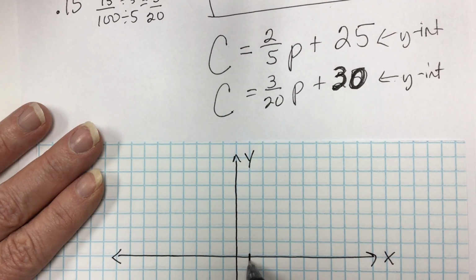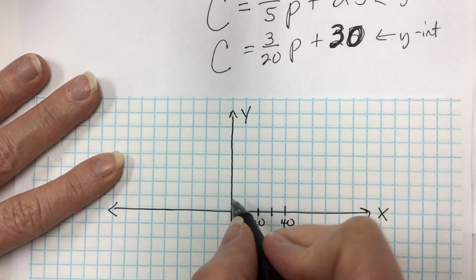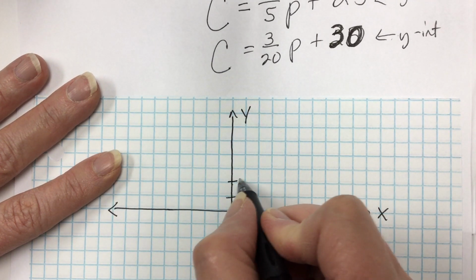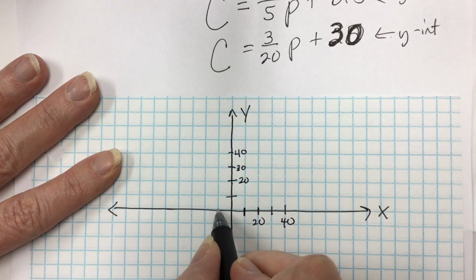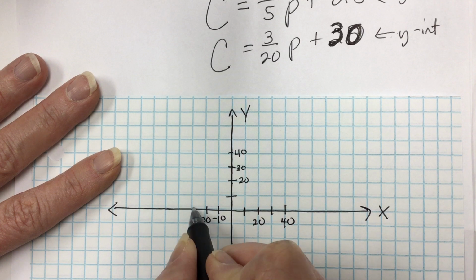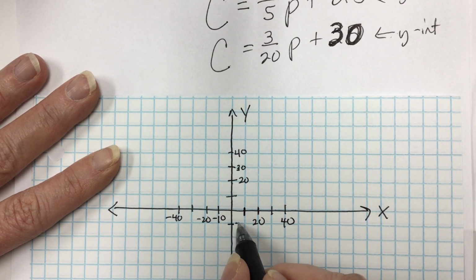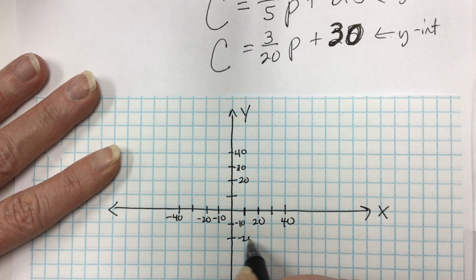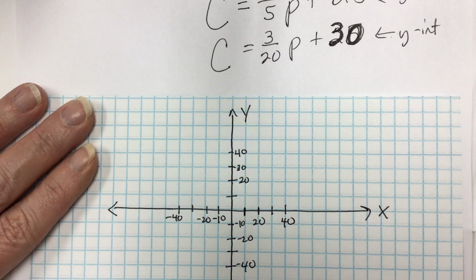I'm going to let these markings be 10, 20, 30, 40, and so on. And negative 10, negative 20, negative 30, negative 40, and so on, okay?